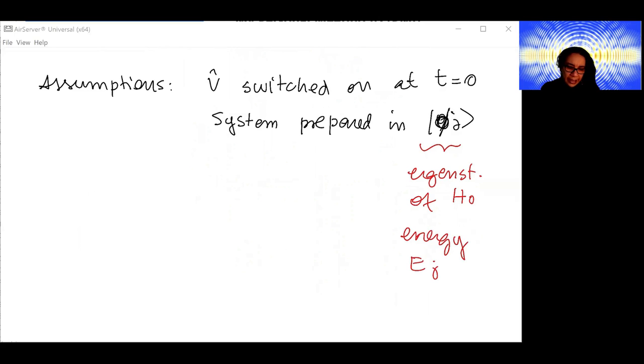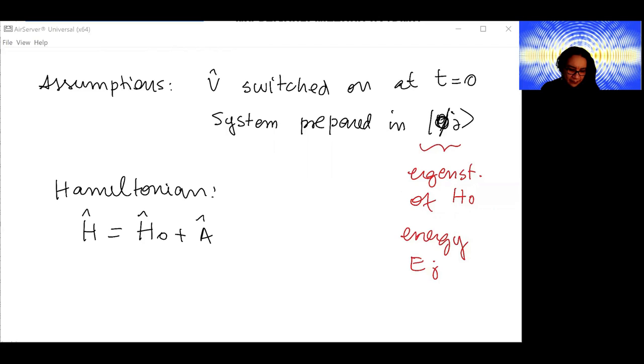Okay, so when this was switched on, our Hamiltonian will be H, which is the total one, equal to H naught plus A e to the minus i omega t plus A dagger e to the plus i omega t.